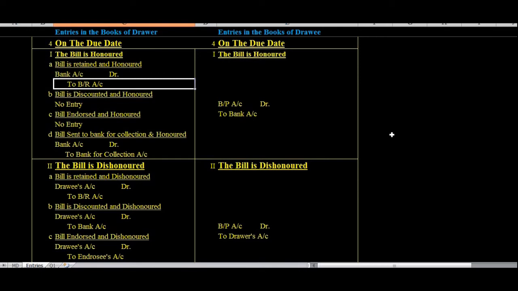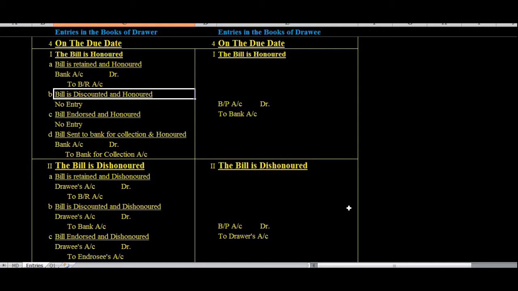Alright. Now, second option is if the bill is discounted and honored. This is what I want you to understand. Think what will happen on the due date, that's on the maturity date. Bank will go to the drawee. Bank will give the bill to the drawee and drawee will give money to the bank. Is drawer anywhere involved?